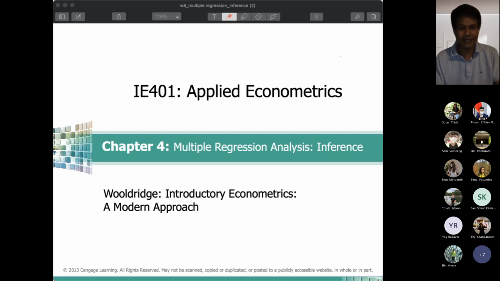In the last 2 weeks, we discussed the estimation part of multiple regression analysis. To learn why we need multiple linear regression: mainly because we want to satisfy assumption number 4, zero conditional mean, and make causal interpretations, right?